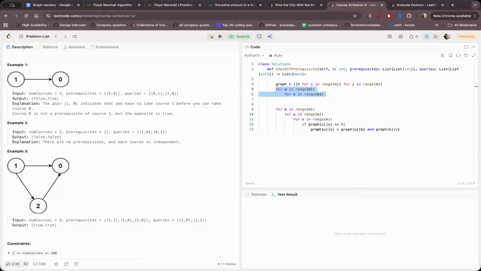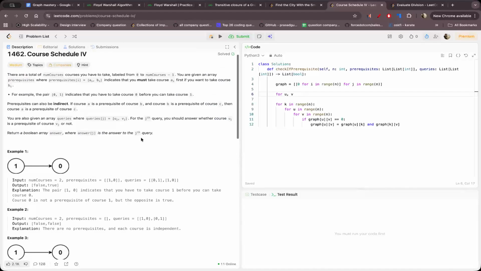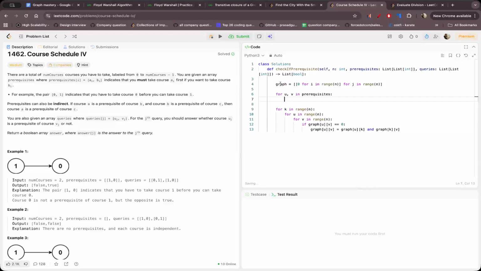Now for every edge, for every u comma v in prerequisites, that means my graph[u][v] is 1.